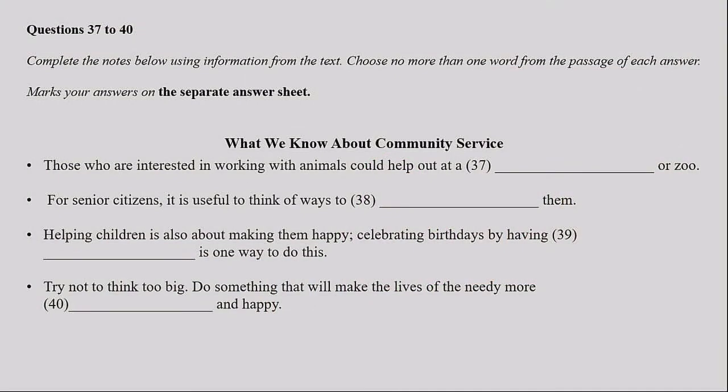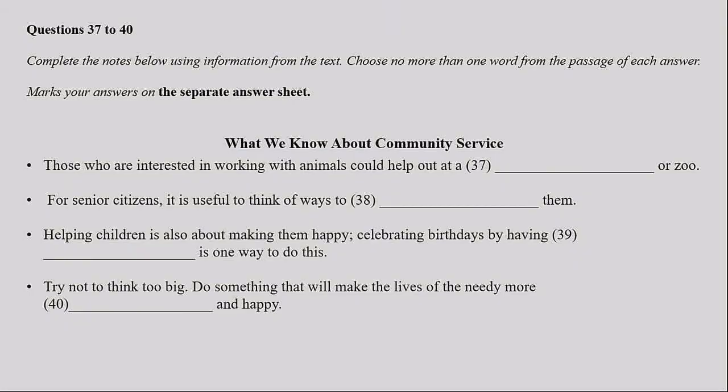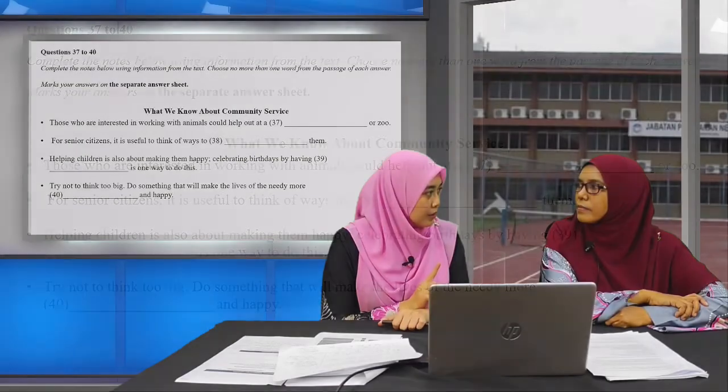This is from 37 to 40. Again, it is reminded here: mark your answers on the separate answer sheet. But sorry, in our previous Ujian 1, for this part, the question itself stated that the answer should be only one word.